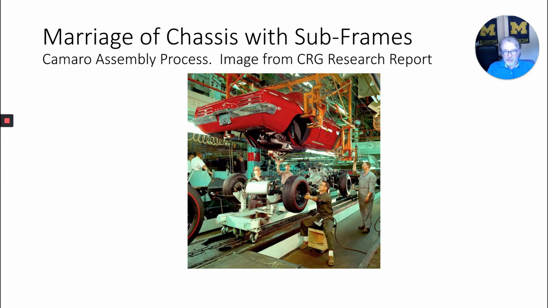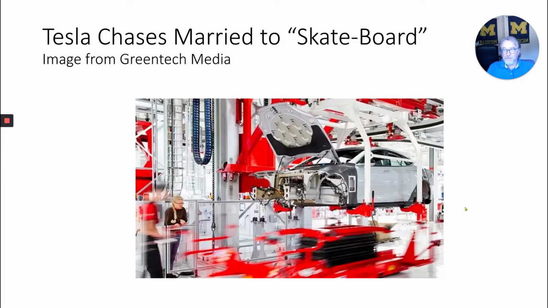Then the painted chassis comes down and they get bolted together. The same thing happens in the Tesla plant, but now the chassis comes down on what's sometimes called a skateboard, which has the battery pack, the electric motors, and the suspension all put together in one piece.